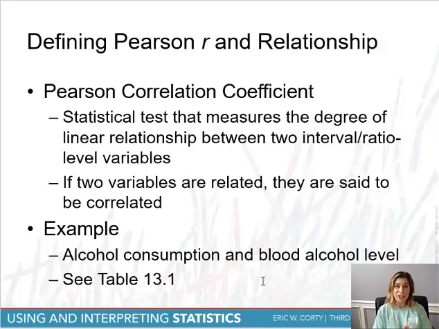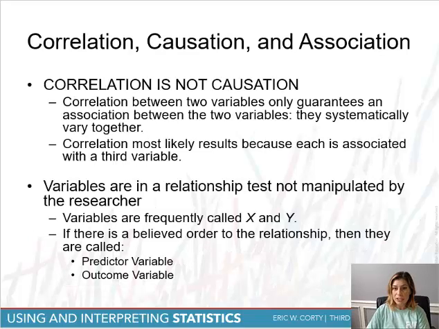So for each case, you're going to measure two variables, and you may or may not see these variables relate to one another. In this example, you should see that the more alcohol a person consumes, the more their blood alcohol content will rise. And if you measure this over a number of cases, statistically, you're going to see a correlation between these variables.